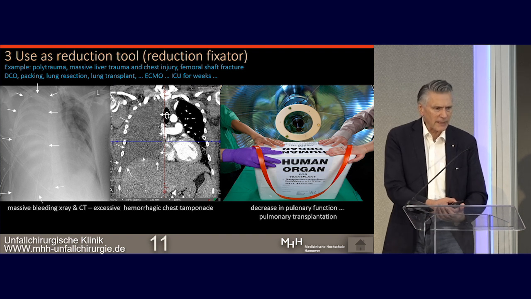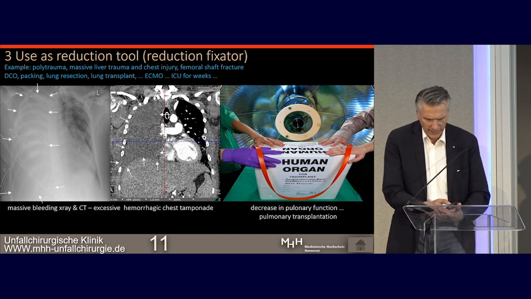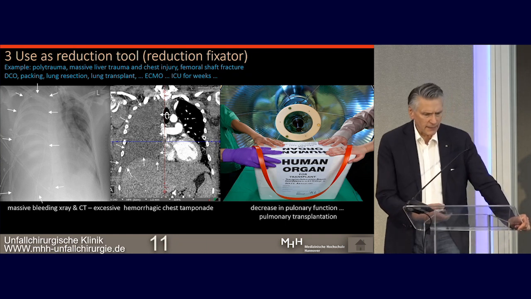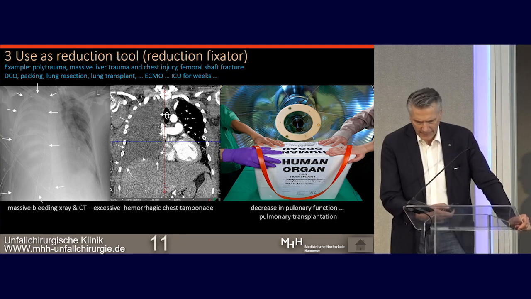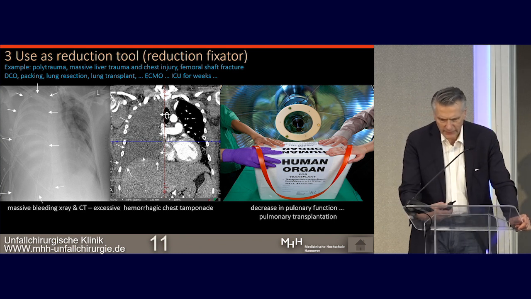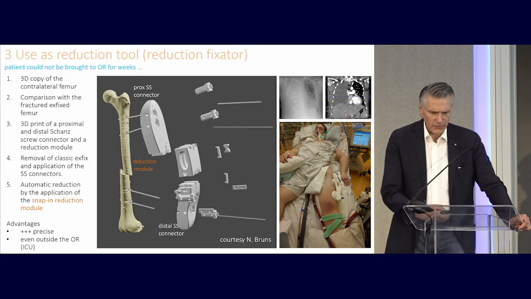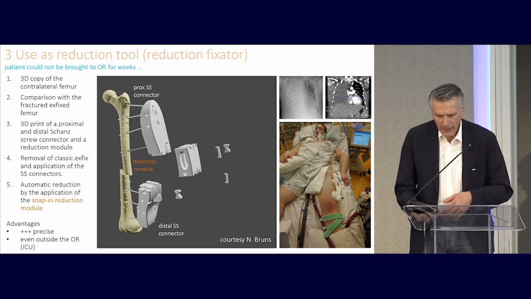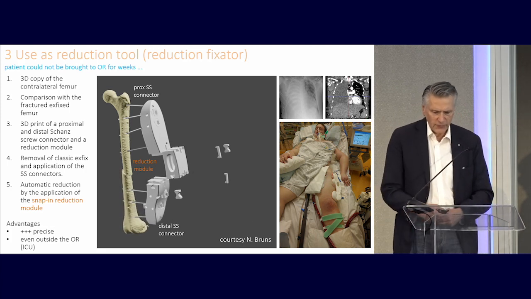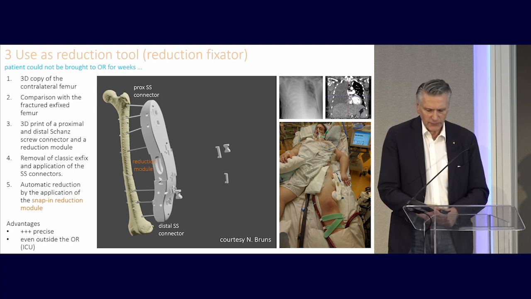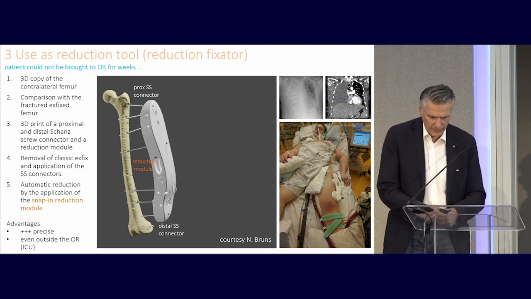He was for weeks on ECMO and in the ICU, so no way to bring him down to theater for femoral nailing, and we had the external fixator in place. So here comes in a so-called reduction external fixator, which is based on the CT model of the healthy side compared to the fractured side, and it analyzes the deformity.